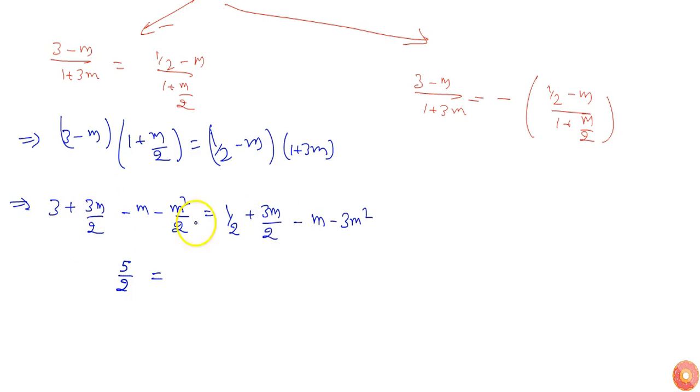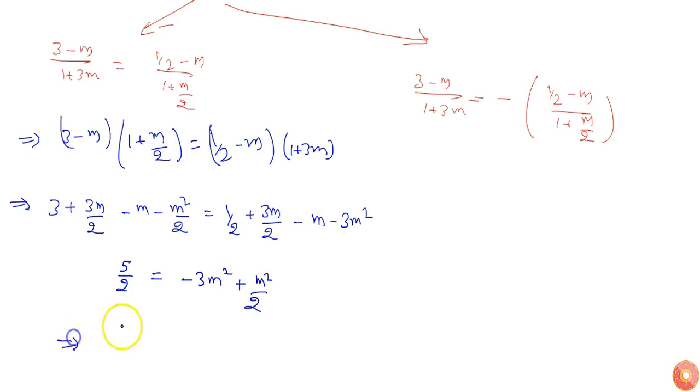3m plus 3m by 2 will get cancelled, and minus m also will cancel, and minus 3m square plus m square by 2.